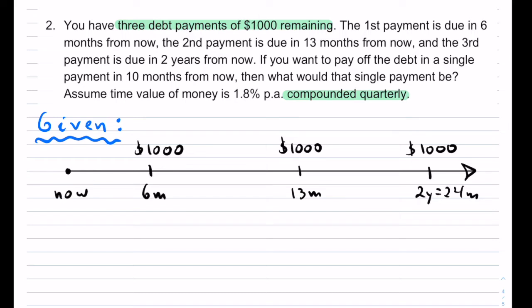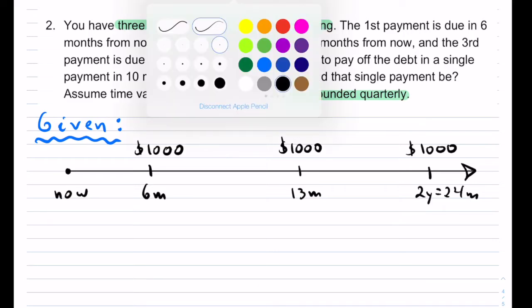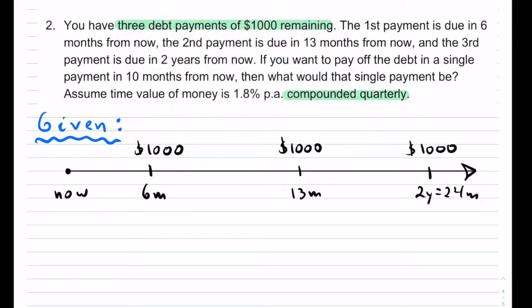Now, if you want to pay off the debt in a single payment in 10 months, let's say it's somewhere right here, this is basically your focal date. That's where we want to focus the money, because we can't just arbitrarily take the 3,000 and say we're going to be paying off 3,000 when there is an actual time value of money at 1.8% compounded quarterly.